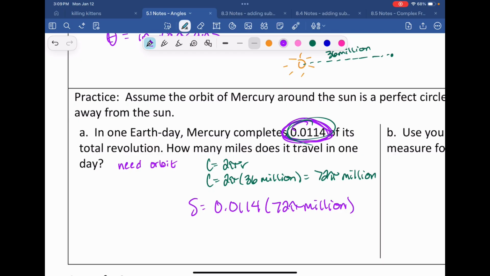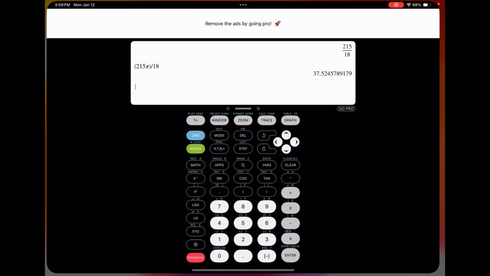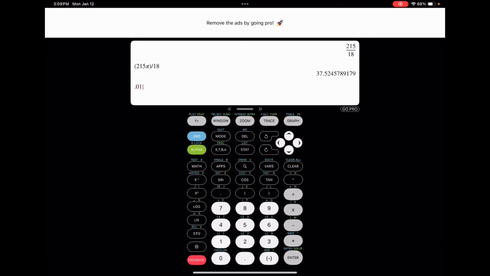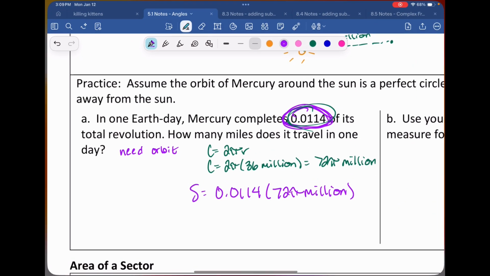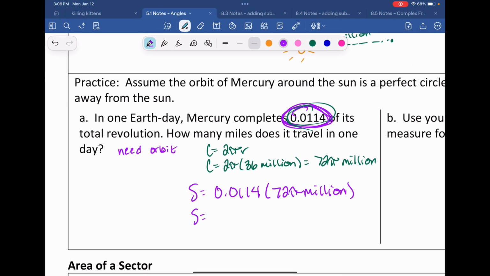And this is how you should enter it in. You need parentheses. 0.0114 times 72 pi. So 72 pi goes in parentheses. That's going to be 2.579 million miles.